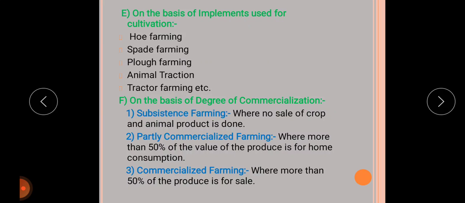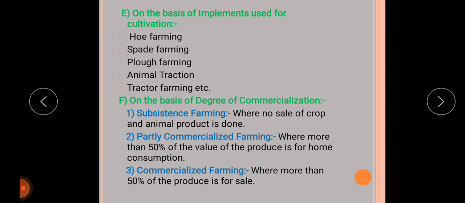There are three distinct types. First, subsistence farming, where no sale of crops and animal products is done, and only home consumption is obtained from it.